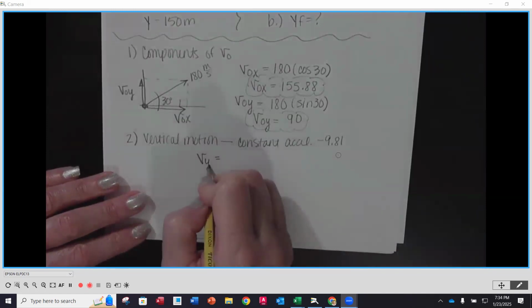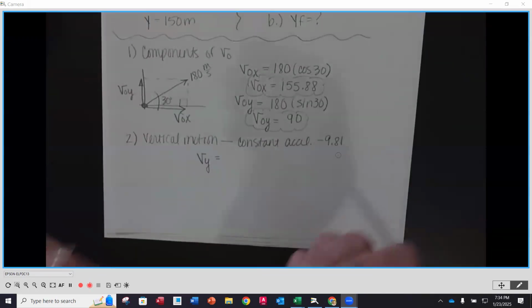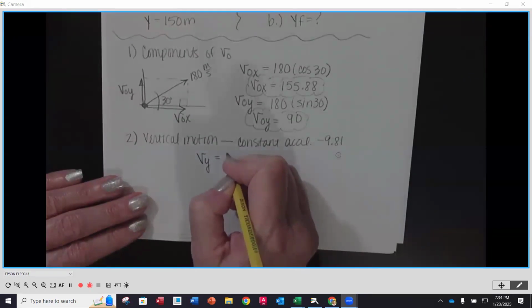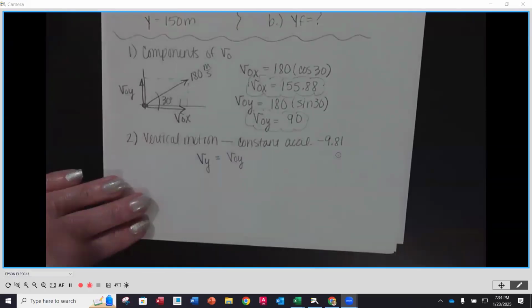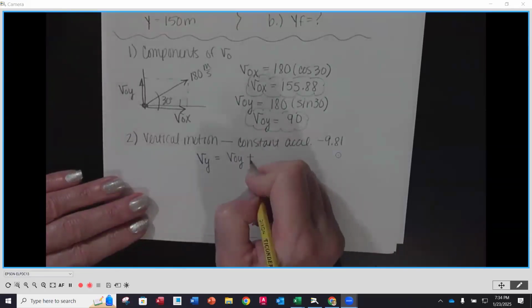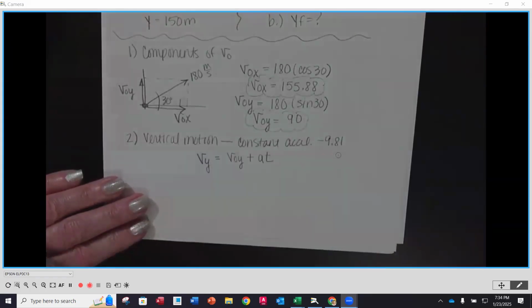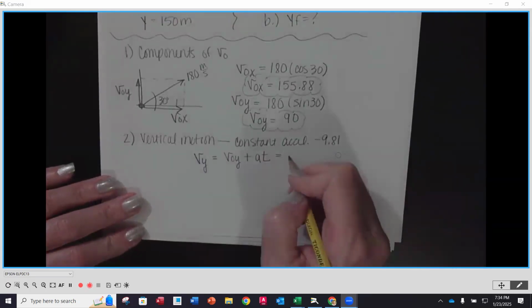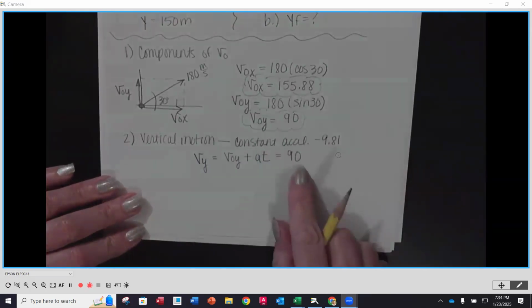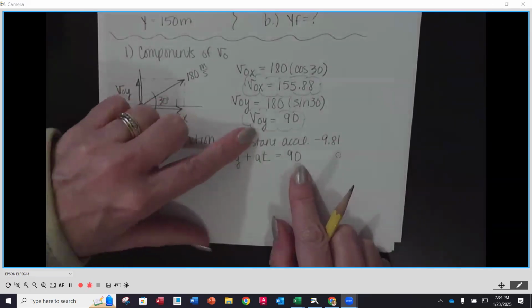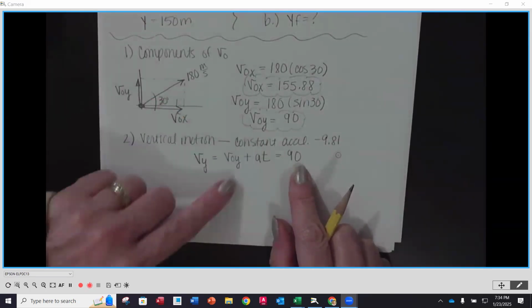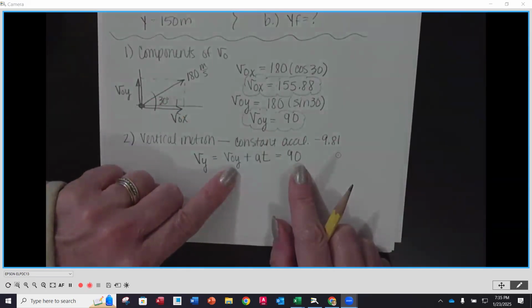It's going to be equal to, so that would be my v final as a function of time. It's going to be the VOY, the original y, plus the acceleration due to gravity times t. So if I expand that out, it's going to be 90 meters per second. Okay, so that's my VOY, 90.